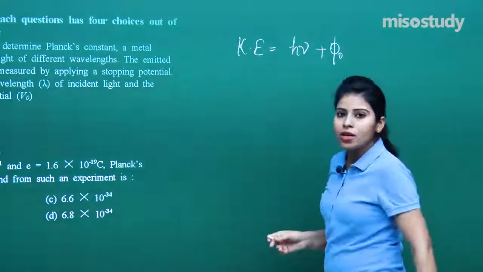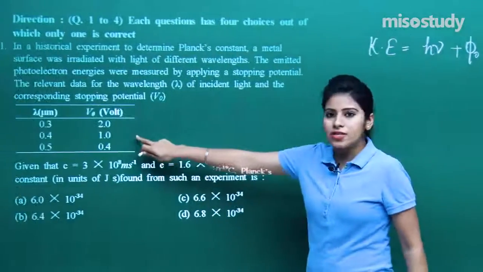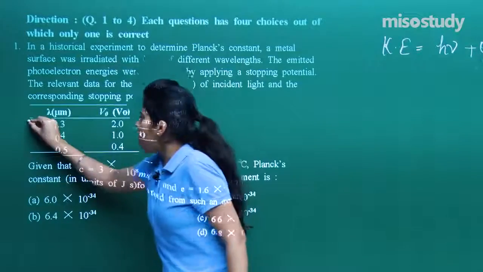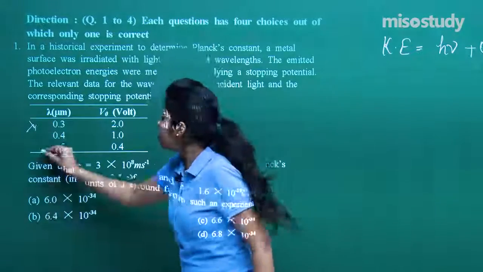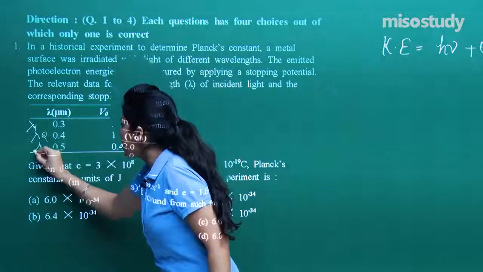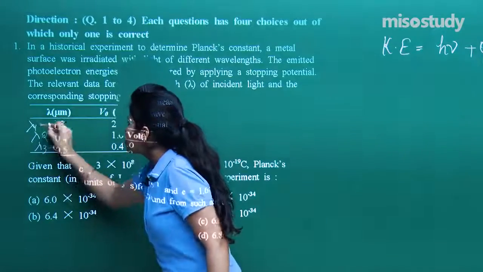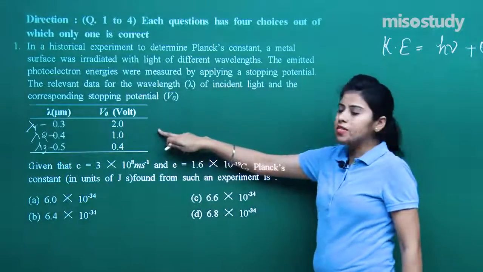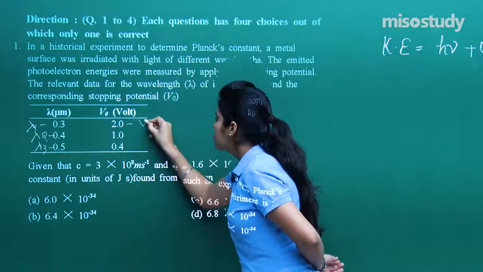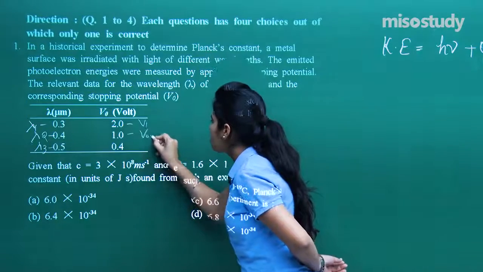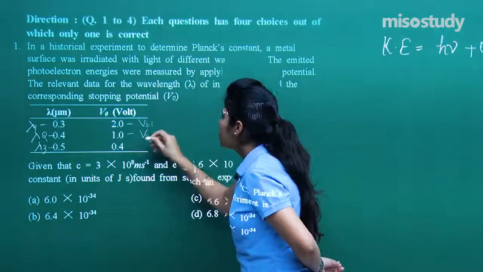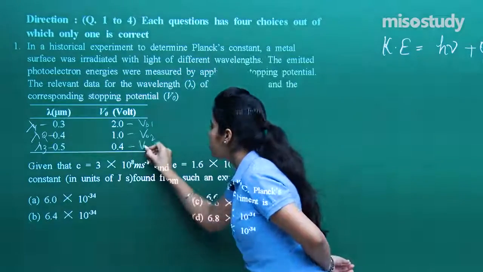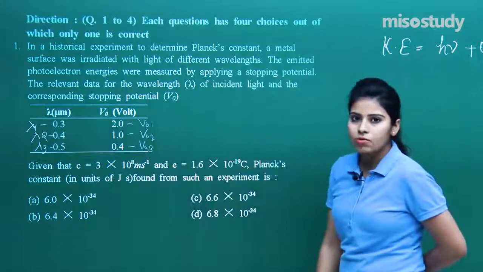Now in this table, let me consider this as lambda 1, this as lambda 2 and this as lambda 3. So the corresponding stopping potentials will be V01, V02 and V03, right?